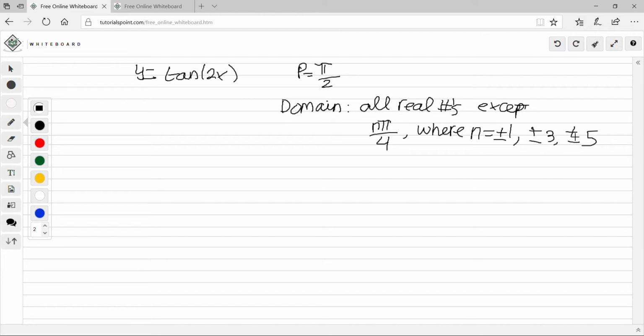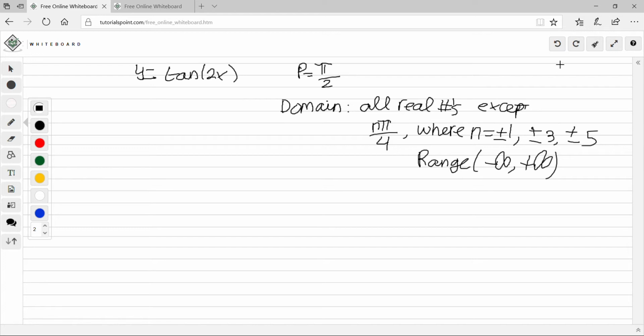And then the range is all real numbers, right? It's from negative infinity to positive infinity. And the period we said was pi over 2. So I was missing that part for the last problem. If you could just put that on the other problem we just did, that'd be very helpful.